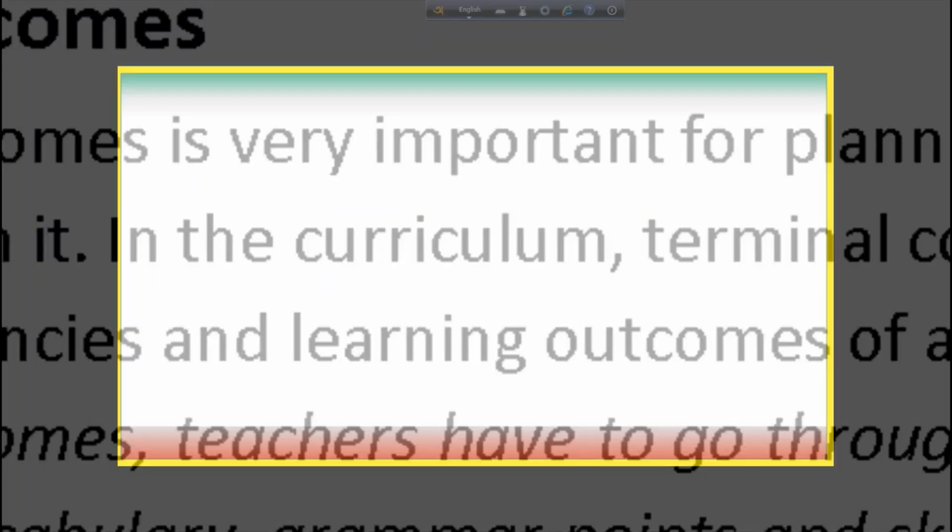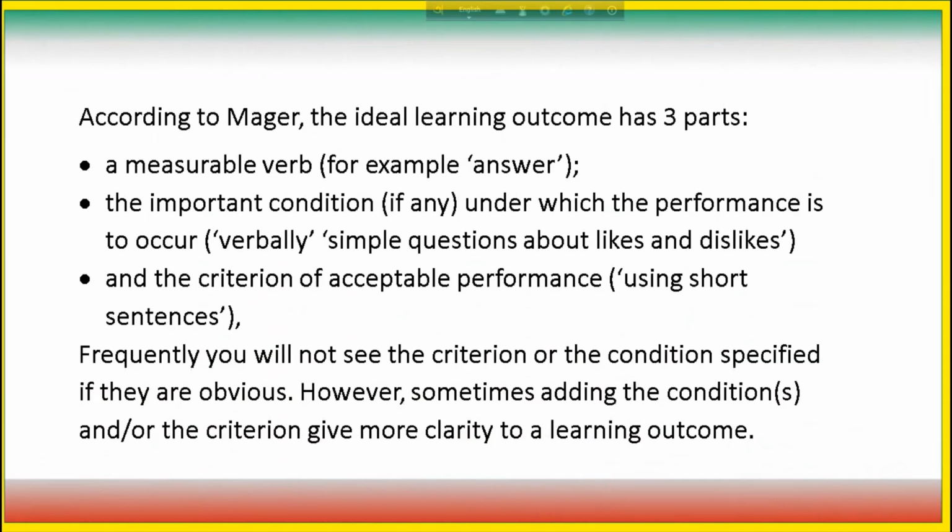Okay, so according to Mager, the ideal learning outcome has three parts. A measurable verb, which means every learning outcome should be started with a measurable verb.